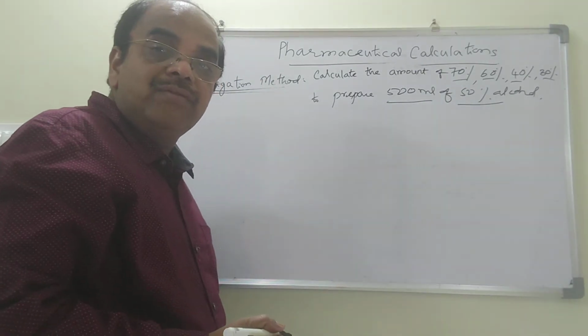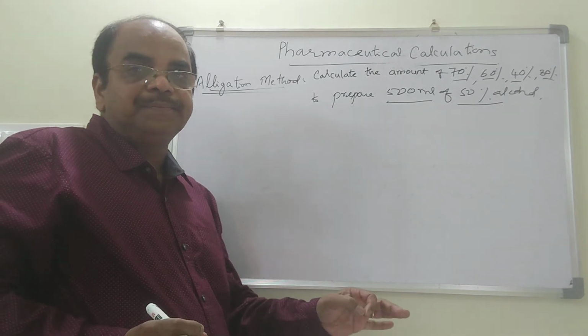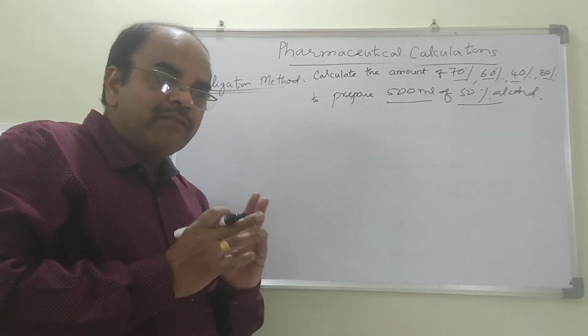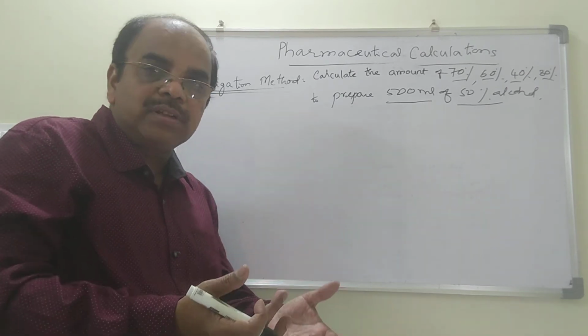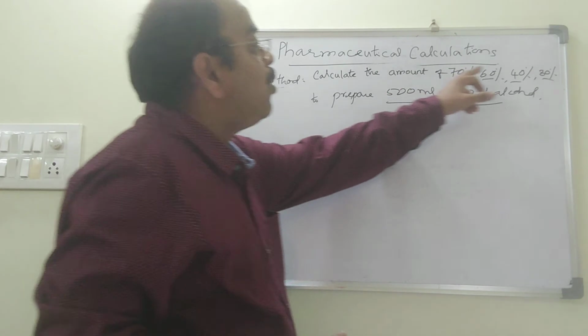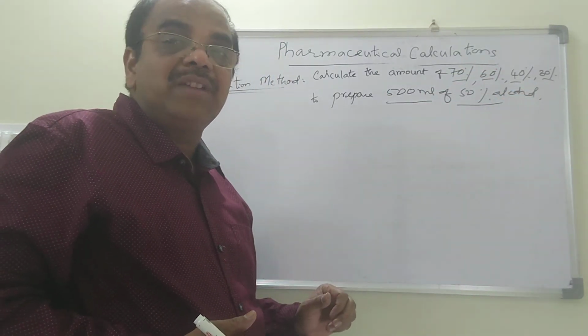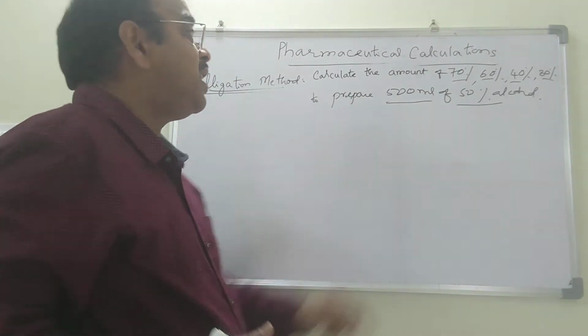Earlier, only one strength was given, with water to mix to get some strength. In the second case, we gave you two strengths of alcohol to prepare one more strength. Here, we have been given four strengths of alcohol to prepare 50% alcohol. How do you mix it?